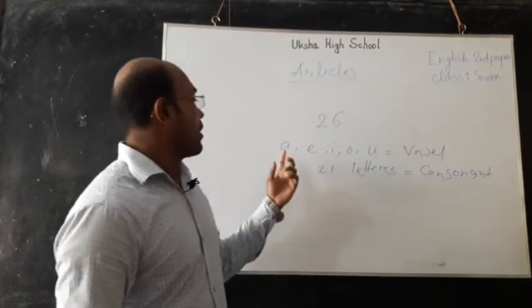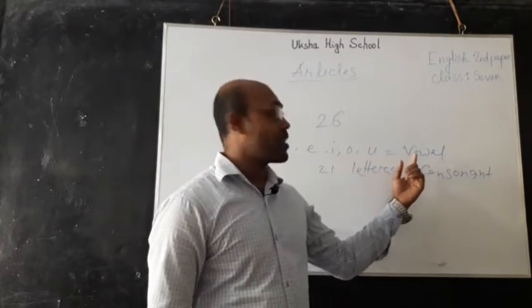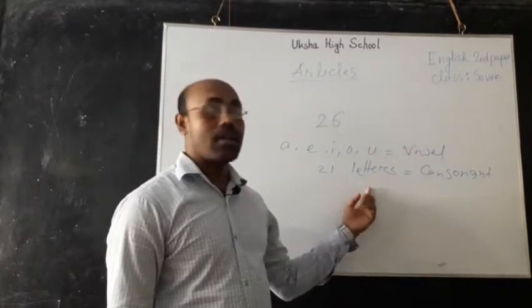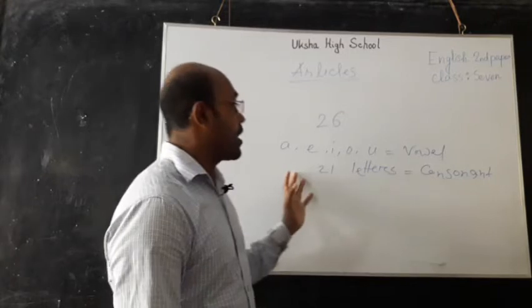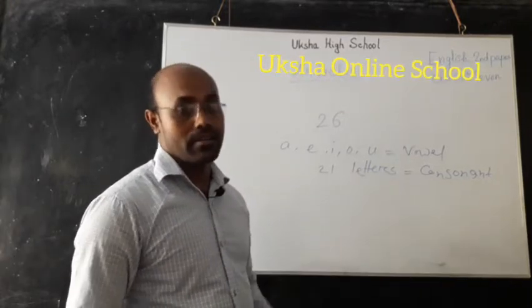So A, E, I, O, U are vowels, and the other 21 letters are consonants. These are needed for learning articles.